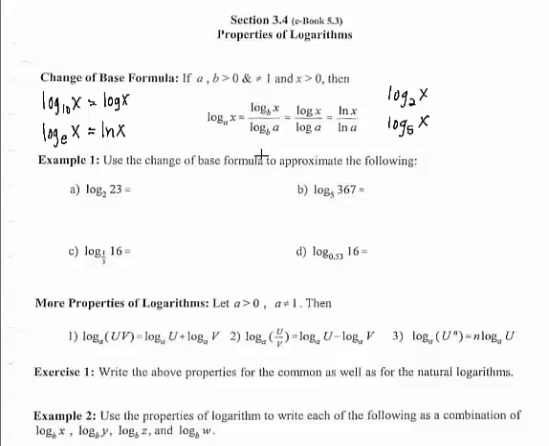Okay, and b could be any number. Perhaps we don't want to change to one of the standard ones, 10 or e. Then we could pick out any base number as long as it's greater than 0. And we could write log with the new base, b, in the numerator and denominator, and then simply use the argument and the base as the argument in the numerator and the argument in the denominator, respectively.